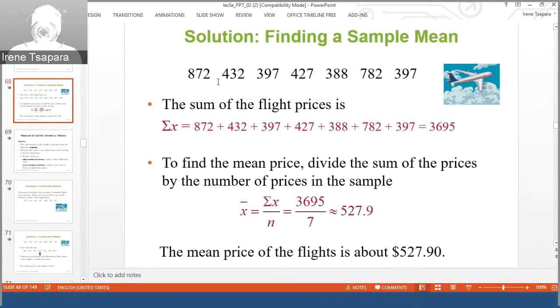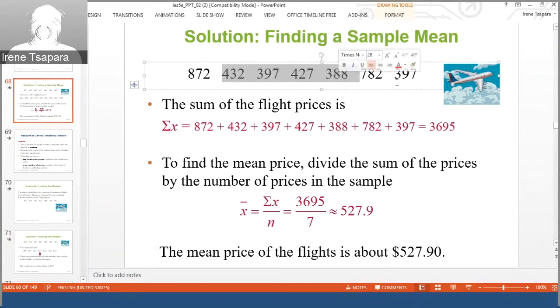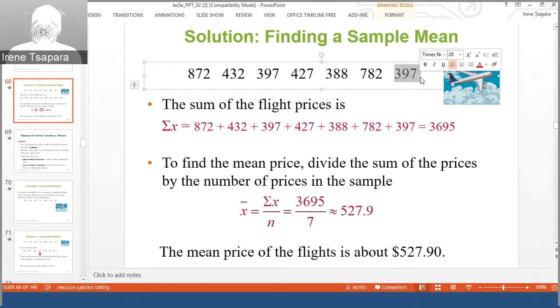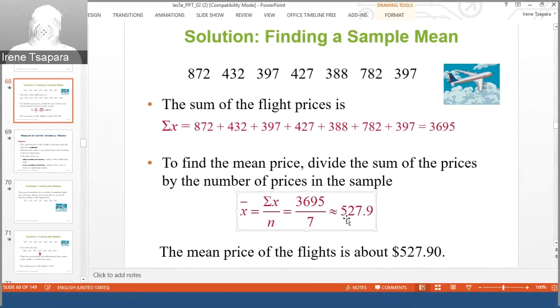Right, I have 4 values whose mean is around 420. And then if I take this and that into consideration as well, the mean jumps up to 527. Huge difference.